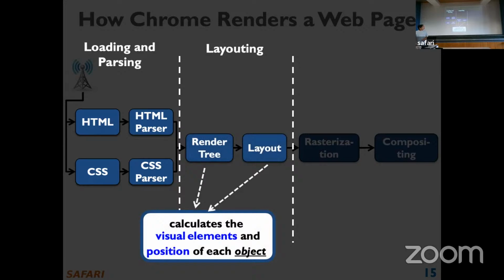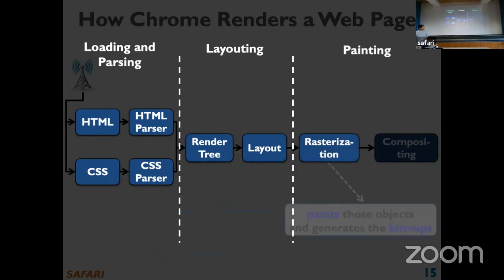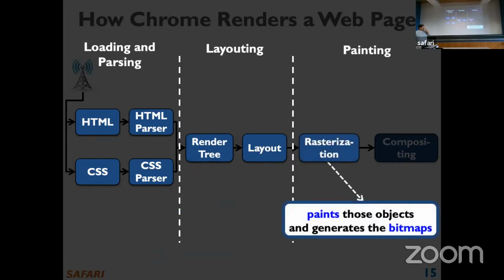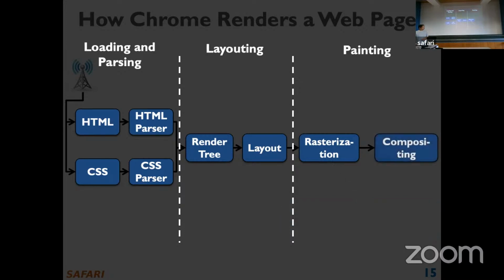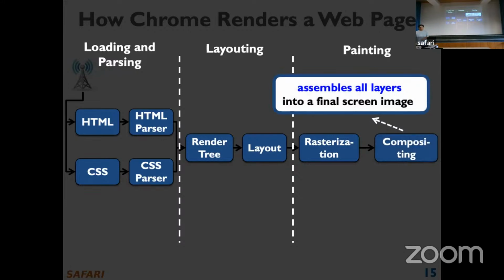Then we have the layouting, where these two steps calculate the visual elements and position of each object, and then the painting stage, where we first have the rasterization that generates the bitmaps, essentially the images that will be sent to the GPU for compositing and showing them in the final screen image.